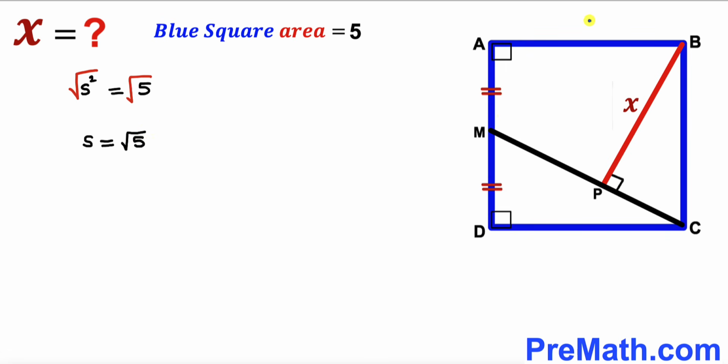Therefore each side of the blue square is square root of 5.